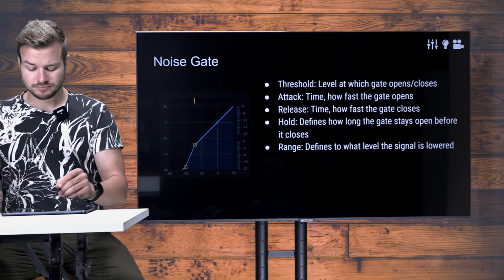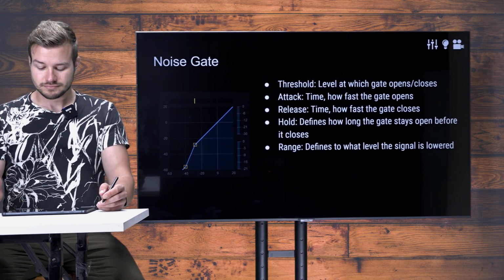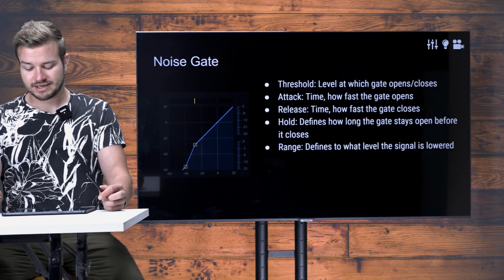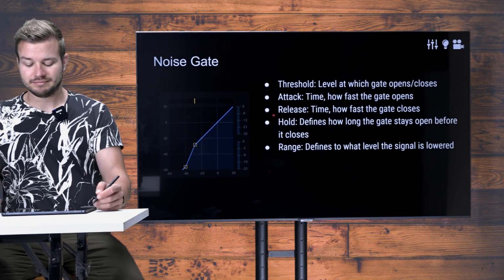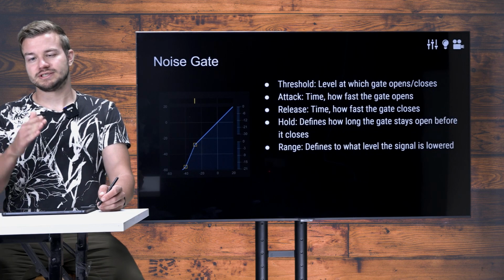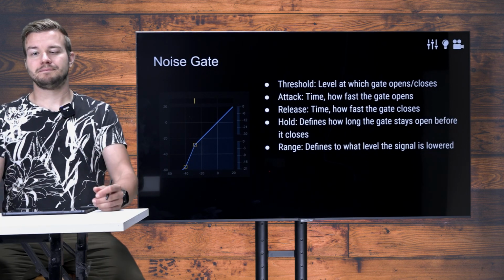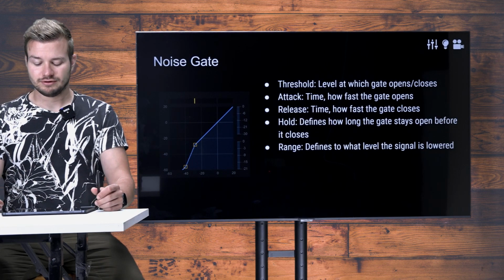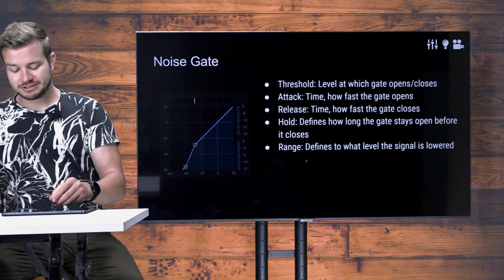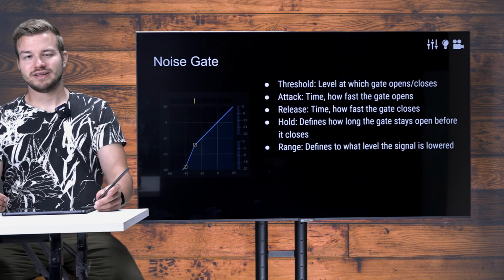Release time is when the gate was open, how long does it take until it is fully closed again? The hold time is, at the point where the signal goes below the threshold line, how long will we keep the input level until we close the gate again? And the range is just the amount of dB we reduce the input level when the gate closes.